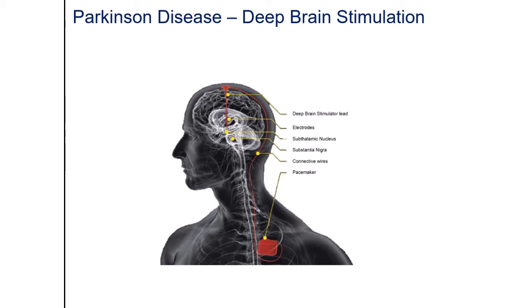So that's how they identify which region of the brain requires stimulation. Once that location is identified, they would implant a little electrode, kind of like a pacemaker for the heart, and then they would close up everything, and the pacemaker will regularly deliver electrical stimulation to that region of the brain to manage the symptoms.